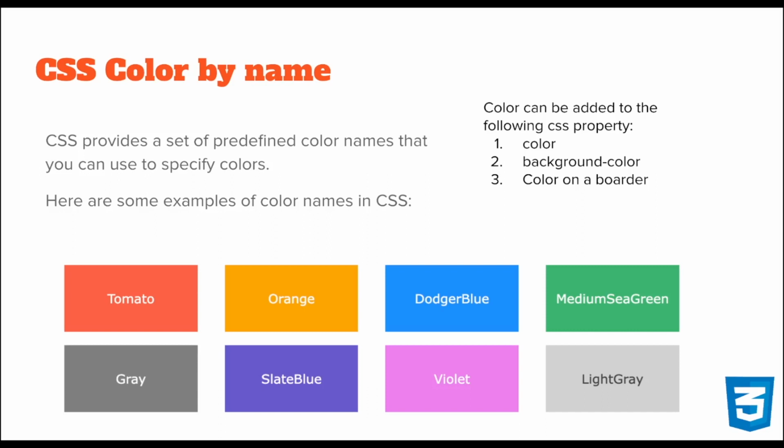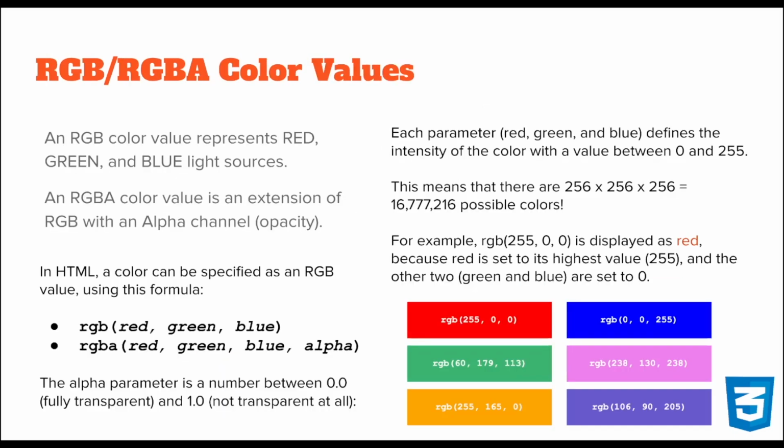Number 3, the color of the border of the element. So this is color by name, and we've used this one extensively throughout our examples. The next one, which is what we'll be using, is RGB or RGBA, as the case may be. The A part is to decide the transparency level. So I have a whole write-up here.